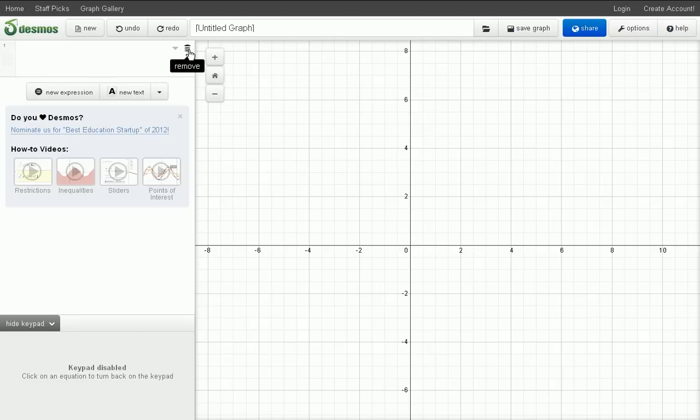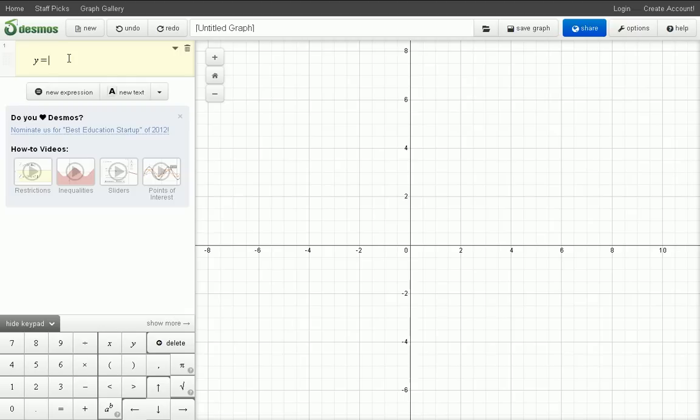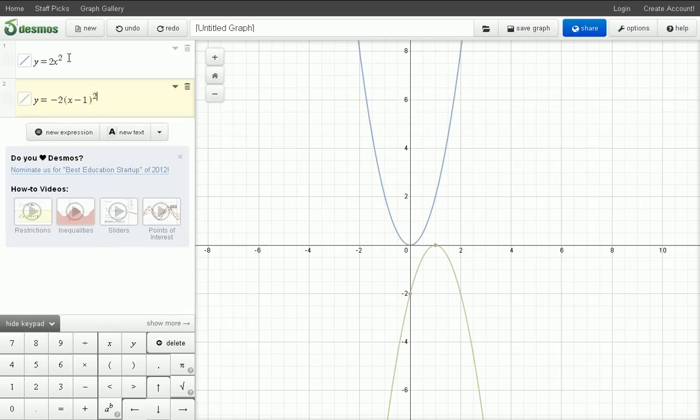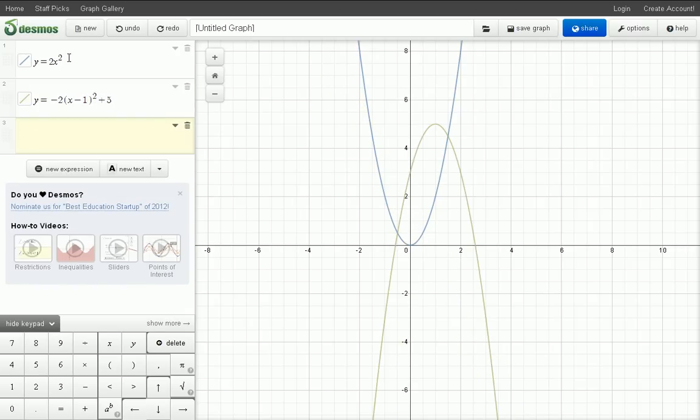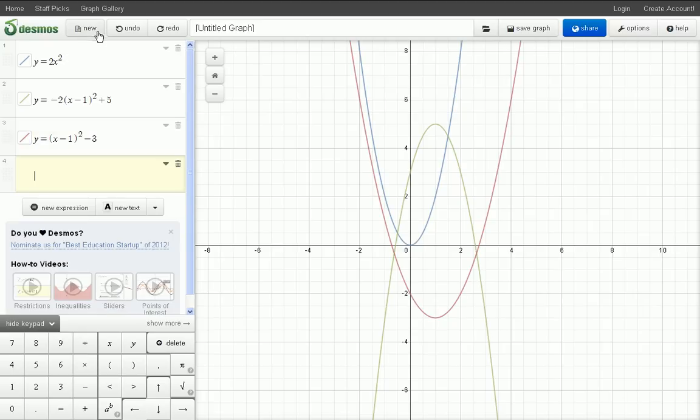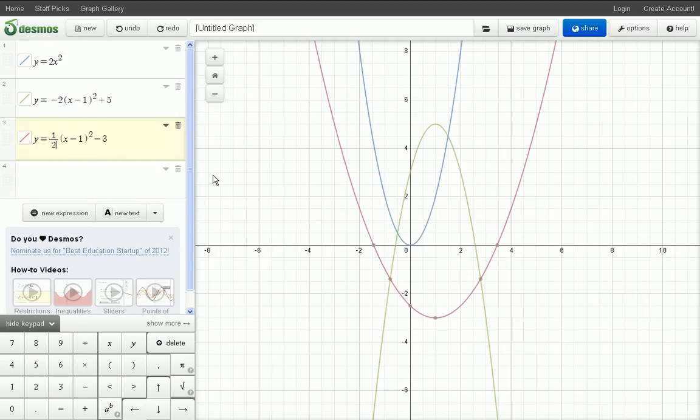If I put in y equals 2x squared, and y equals negative 2 (x minus 1) squared plus 5, and we'll put one more in here. I'm going to make this a little more exaggerated just so it's easier for you to see.